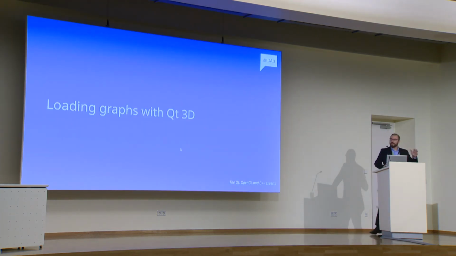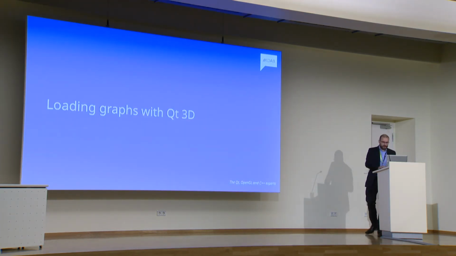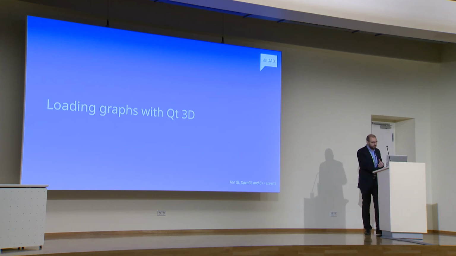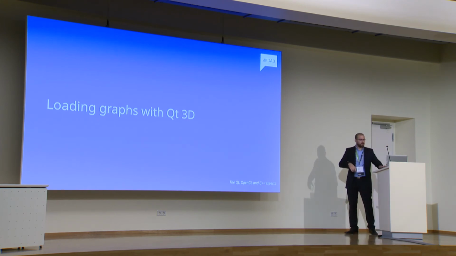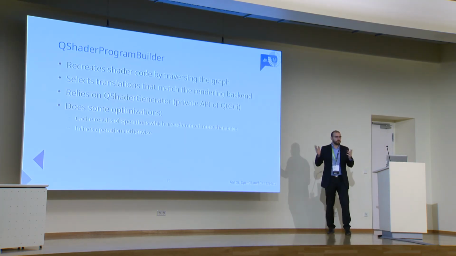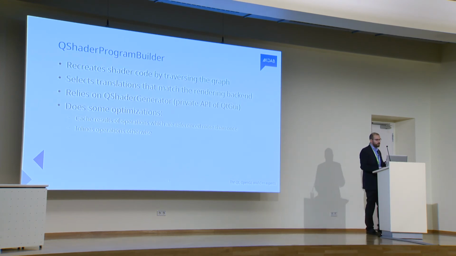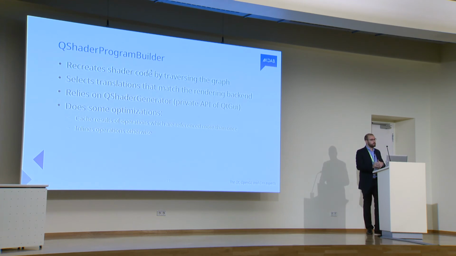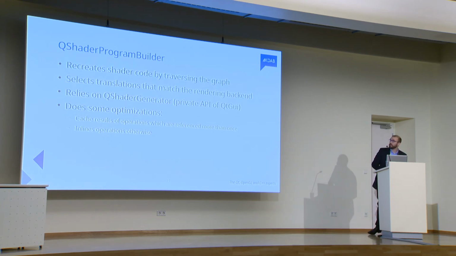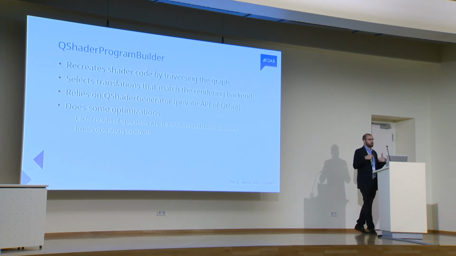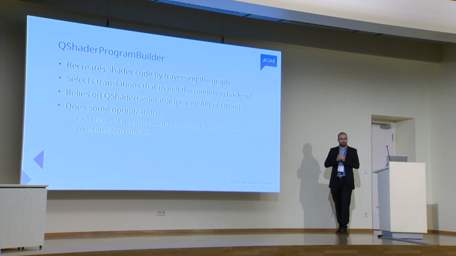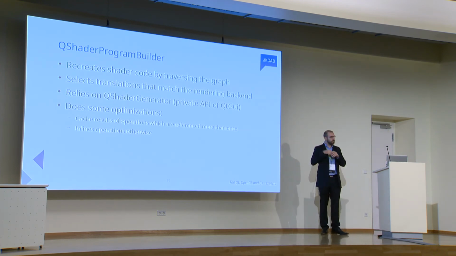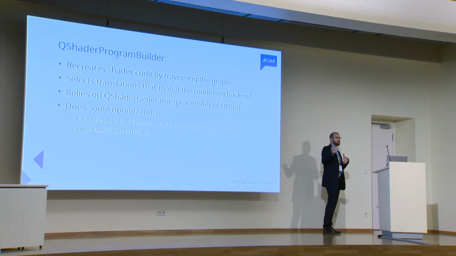So now that we've seen how you can use that node editor, well, that's nice, but how does that work with Qt3D? Well, I didn't show you, but you've got a file save menu, and that generates for you the .graph file. If you want to use that graph file inside Qt3D, you will essentially go to one class called the QShaderProgramBuilder. QShaderProgramBuilder is going to look at your graph file, at the definitions of the nodes.